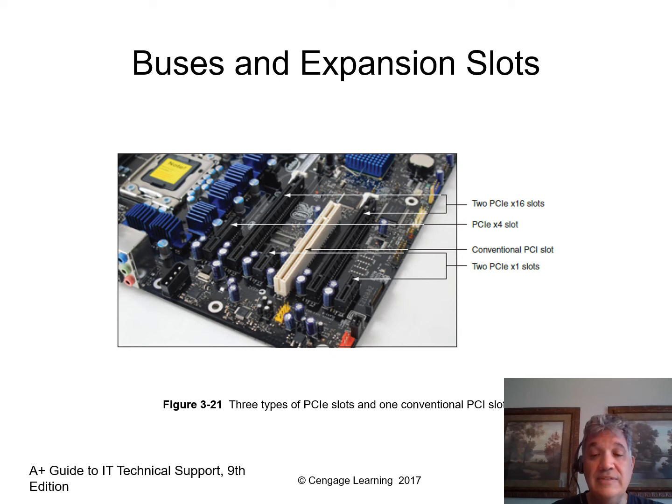So as I was saying previously, a card that would fit one of these older slots or one of these PCIe 4X slots, or certainly the 16X, will not fit into the 1X. They did that on purpose. It makes it easier for you to, one, see the difference between the cards, and two, it will allow you to not make a mistake and damage the card by potentially installing it into the wrong slot.